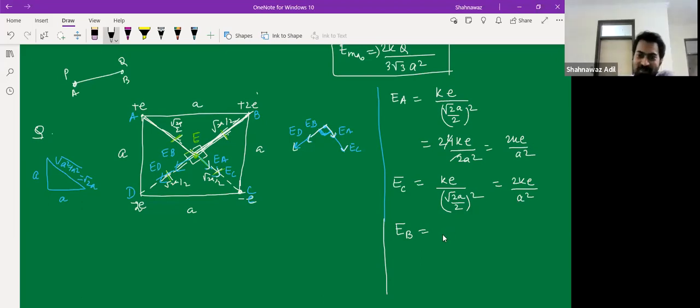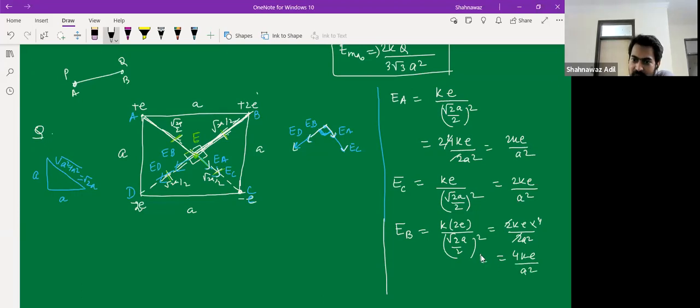KQ by root 2A by 2. So K2Q by root 2A by 2 whole square. So this is 2KQ by, this is 2A square, and this goes over there. So this cancels, and we have 4KQ by A square.